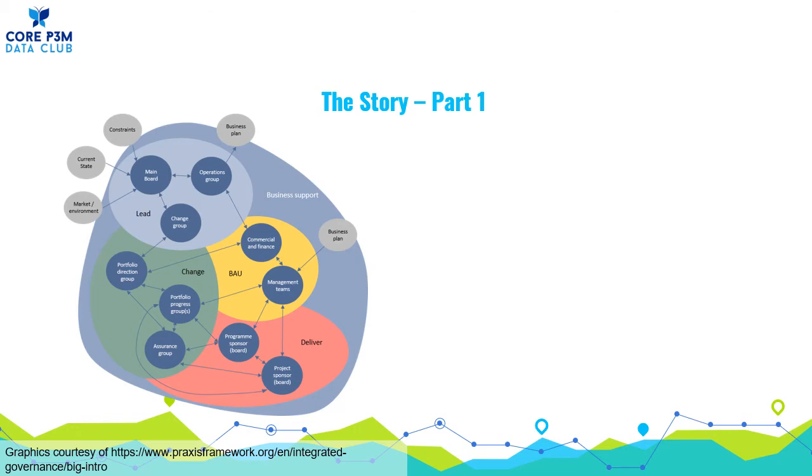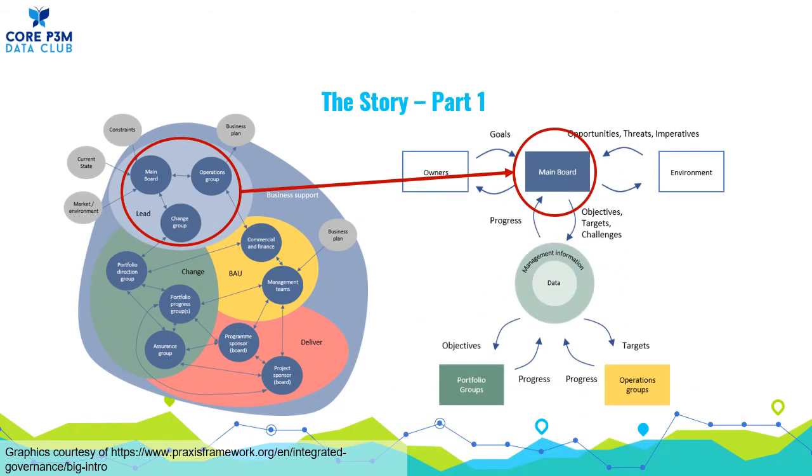This enables the accountability for OTCs to be clearly decomposed into the organization, typically driven with a business case or business plan. For example, main board has a relation to owners and the environment. It gets things done through portfolio and operations for change and BAU delivery respectively.